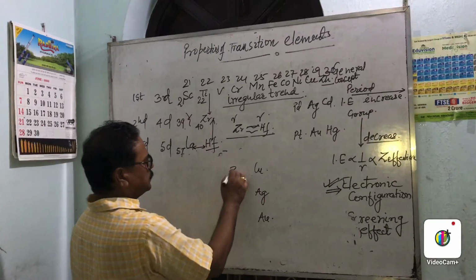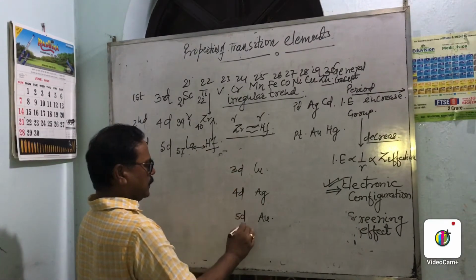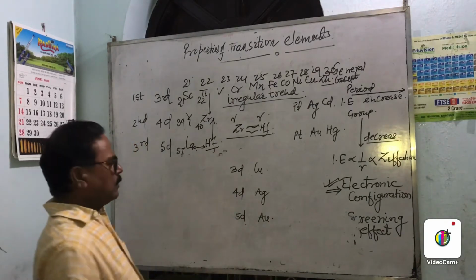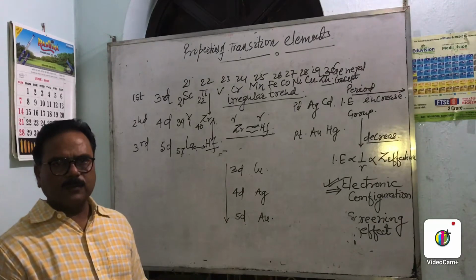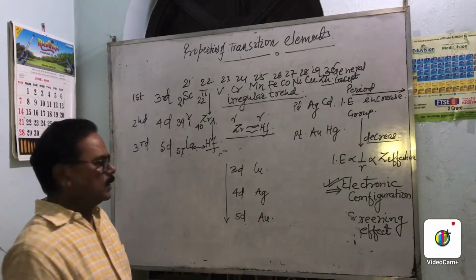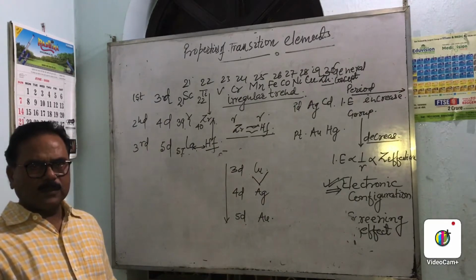This is 3d, this is 4d, and this is 5d. What happens? On coming down the group, the ionization energy decreases. So this copper will have the high ionization energy, right?